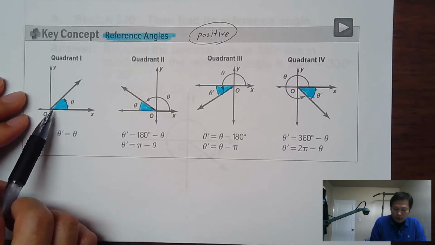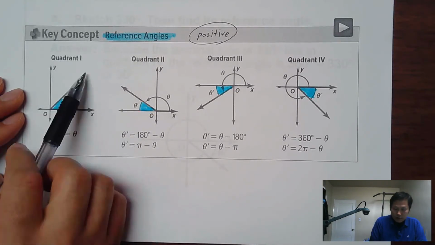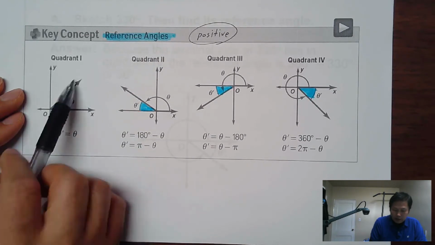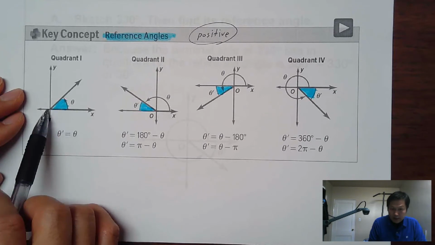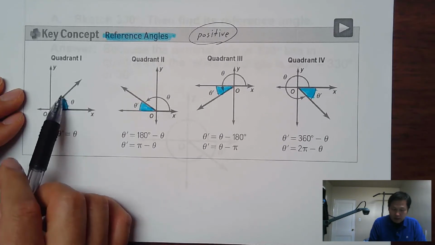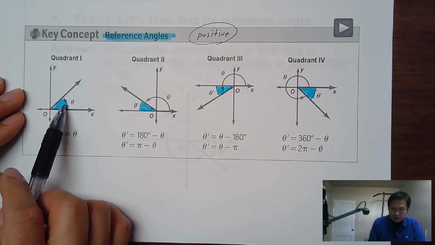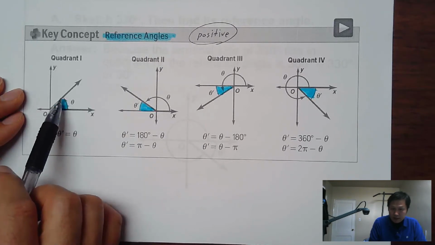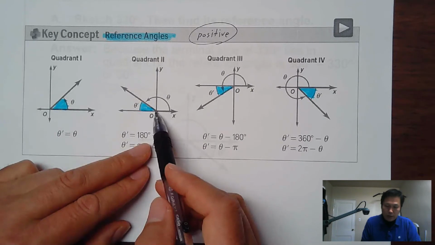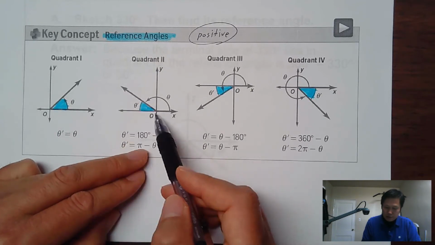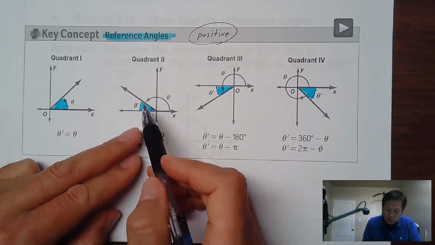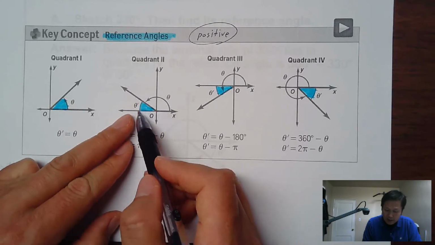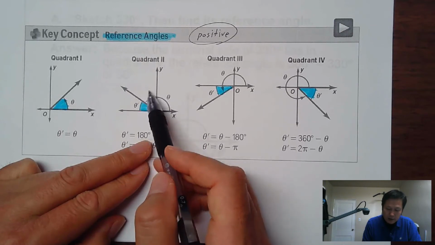So when your angle is located in the first quadrant, the angle between the terminal side of the angle and the x-axis is the reference angle, positive. Not this. Always against the x-axis. When your angle is located in the second quadrant, your reference angle should be this angle, always against the x-axis, not the angle against the y-axis.